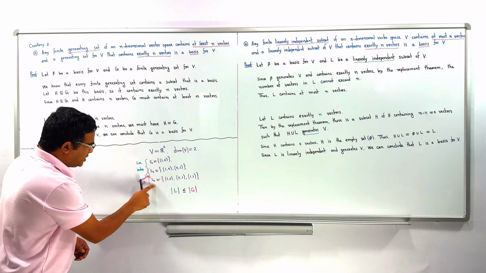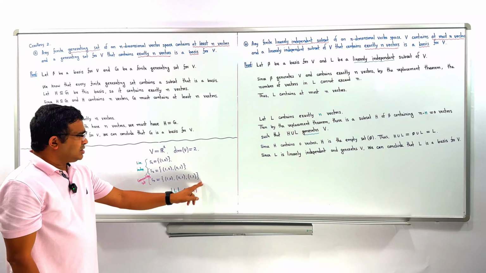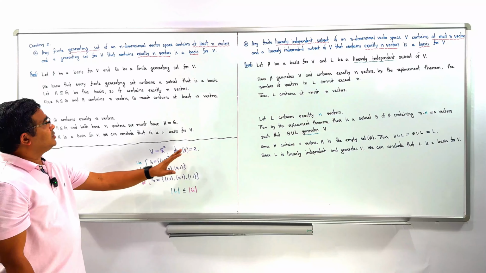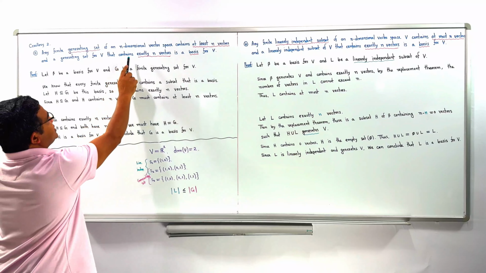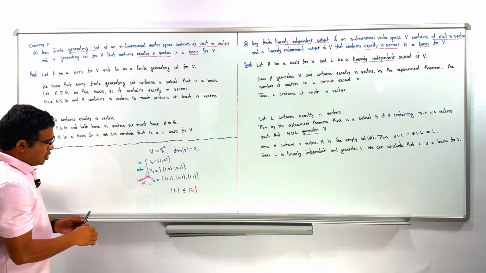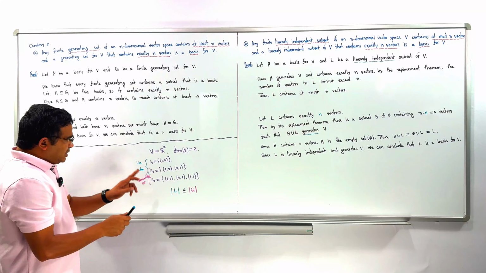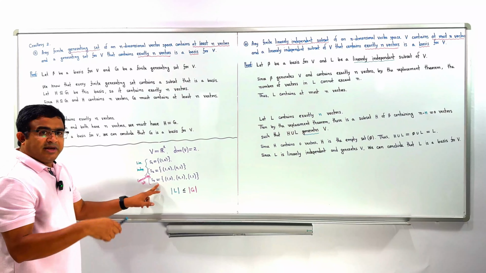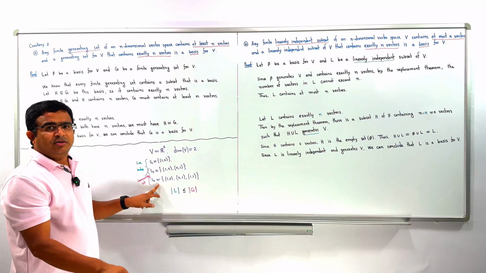Both S2 and S3 are generating sets and they contain at least 2 vectors. And a generating set for V that contains exactly n vectors is a basis for V. So, both S2 and S3 are generating sets, but if a generating set consists of exactly the same number of vectors as the dimension, then that would be a basis.